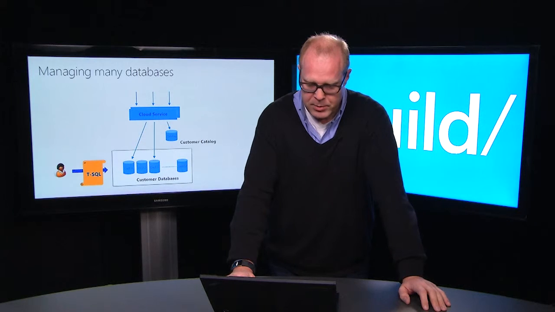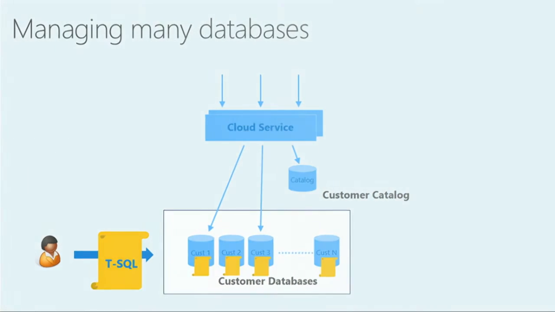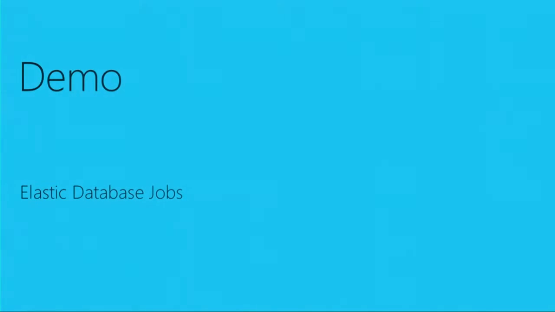Now, this piece of T-SQL, that needs to be applied to all of the databases that you have in your pool. And what you don't want to do is open individual connections, for instance, from PowerShell to individual databases, and then apply this T-SQL script one at a time.